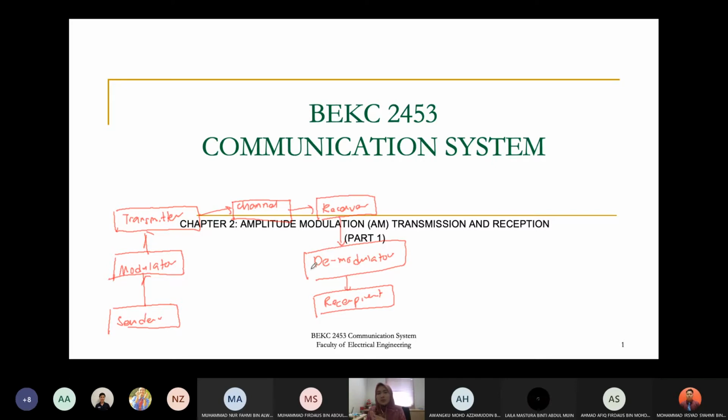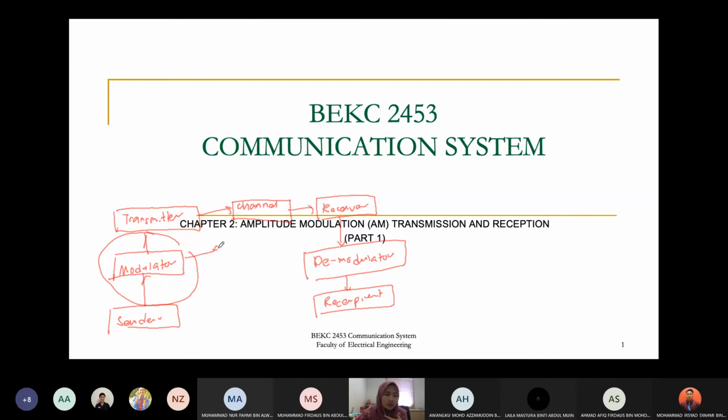So I hope that you already understand how this communication system works and also the function of each of these blocks. In chapter 2, we will concentrate on the modulator part. There are several types of modulator.